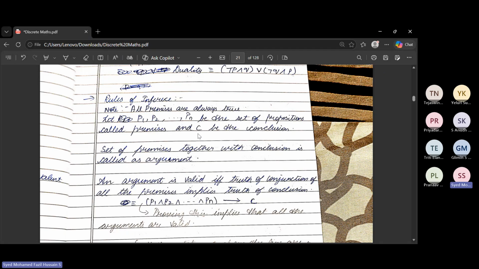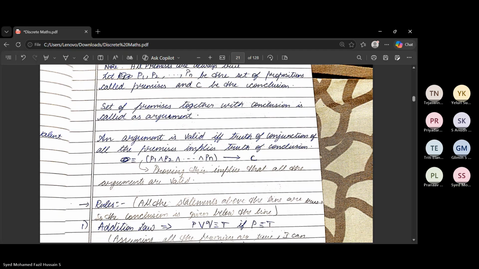Okay, this set of premises together with the conclusion is called an argument. In an argument we try to find some conclusion, right? That's why we argue. So using these premises, we get a conclusion, and this whole process is called an argument. An argument is valid if and only if the truth of the conjunction of all the premises implies the truth of the conclusion.